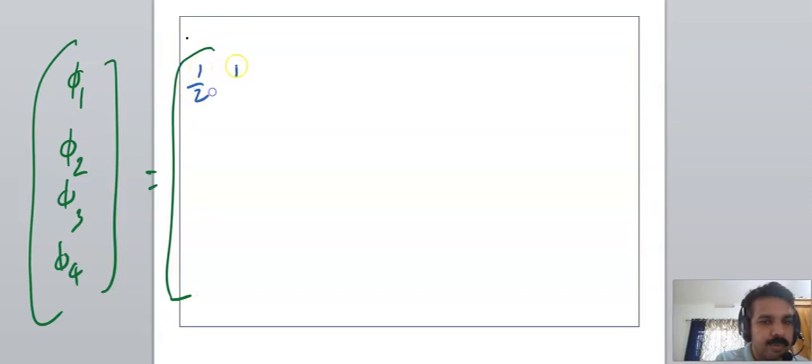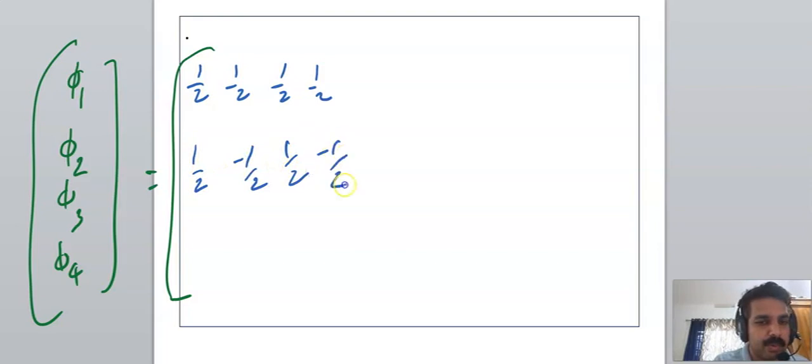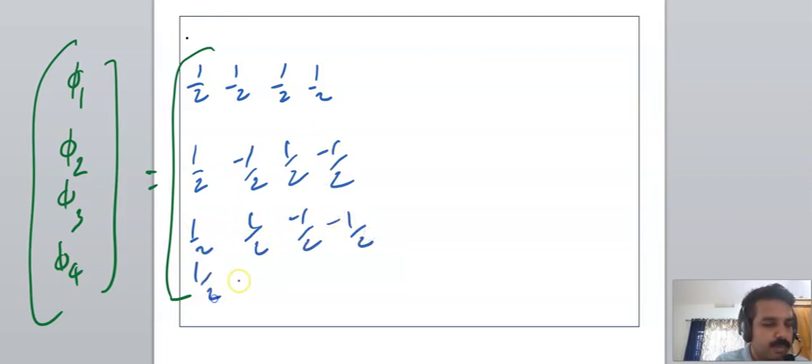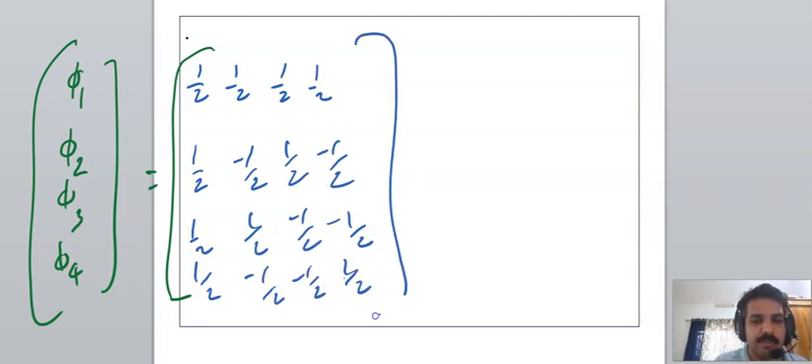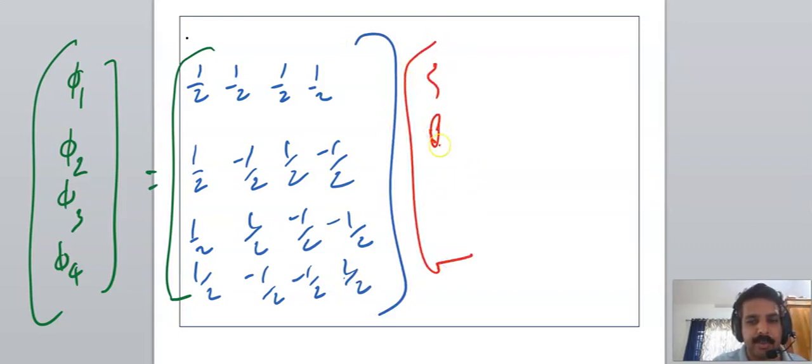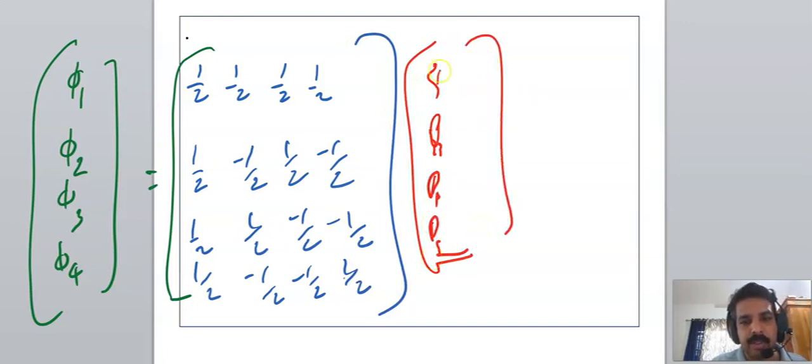The rows are 1 by 2, 1 by 2, 1 by 2, 1 by 2; then 1 by 2, minus 1 by 2, 1 by 2, minus 1 by 2; then 1 by 2, 1 by 2, minus 1 by 2, minus 1 by 2; then 1 by 2, minus 1 by 2, minus 1 by 2, 1 by 2, multiplied by the column s, px, py, pz.